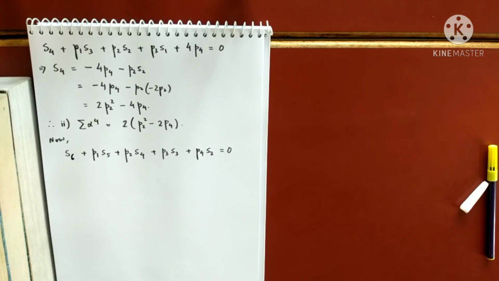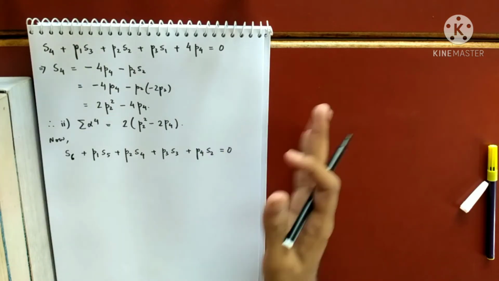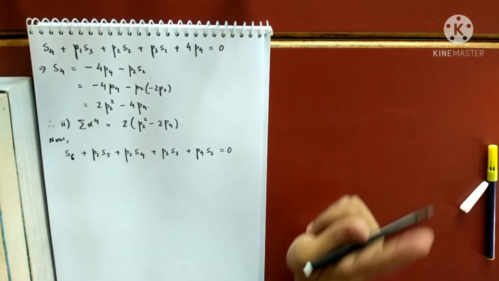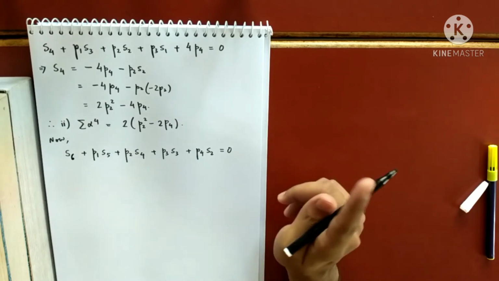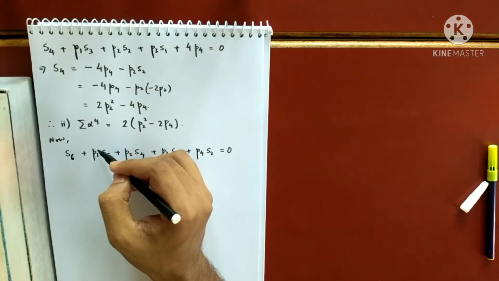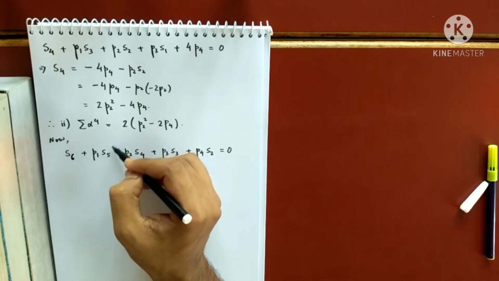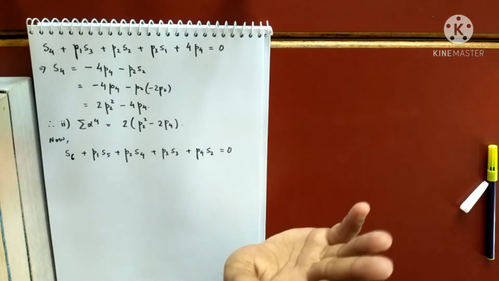Whenever R is more than the degree of the equation, I will not have more coefficients left, so I'll stop here. Now, why did I not find S5? Because S5 will make a product with P1, but P1 is 0, that will make this whole term 0. So that is the reason I did not find S5.